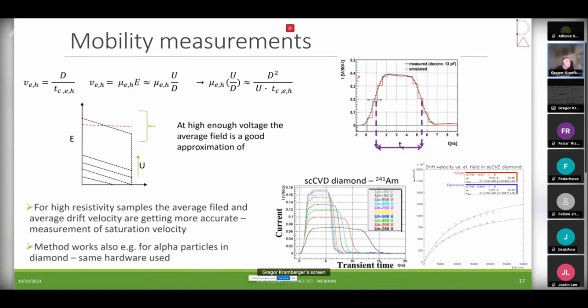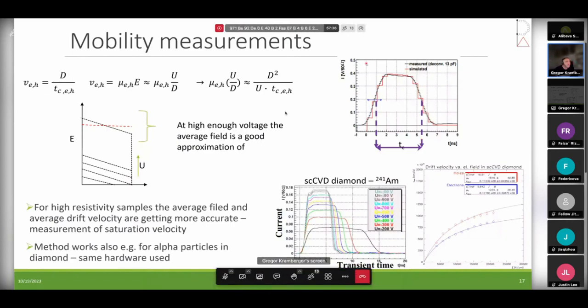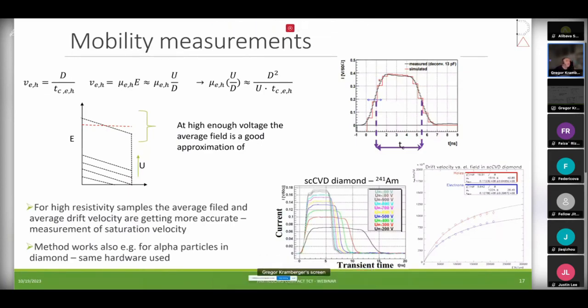All the examples that I'm showing are on the same sample, so all the measured plots are on the same sample and you can directly compare them. And then if you say that your velocity is mobility times the electric field, and the average electric field is bias voltage divided by thickness, then you can measure the mobility by simply knowing the voltage, the thickness, and measuring the drift time.